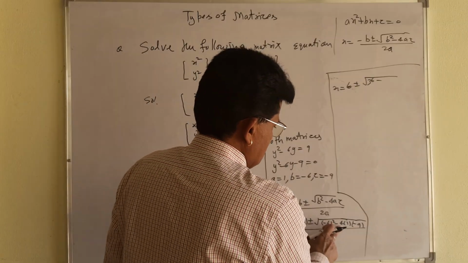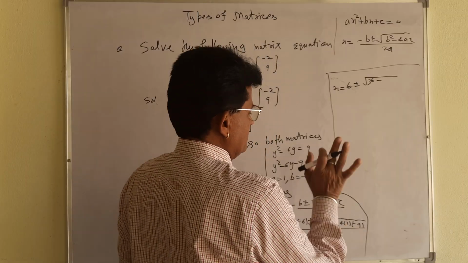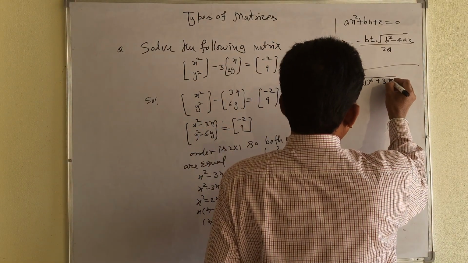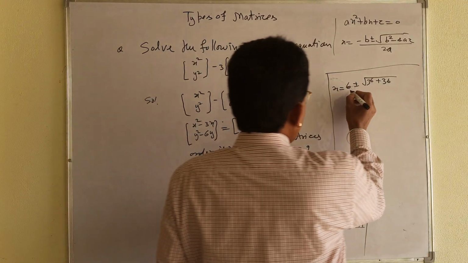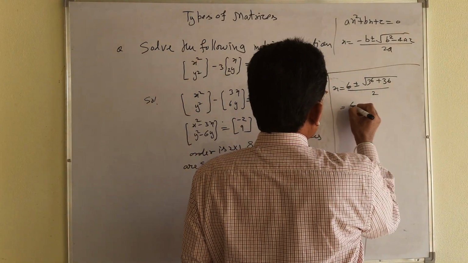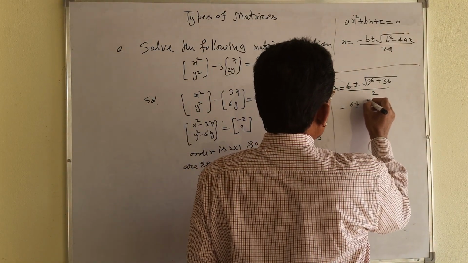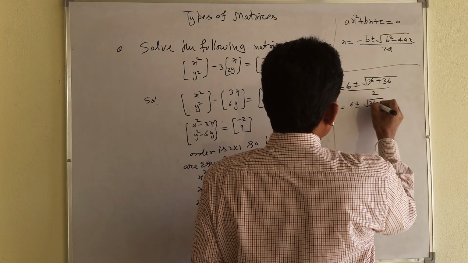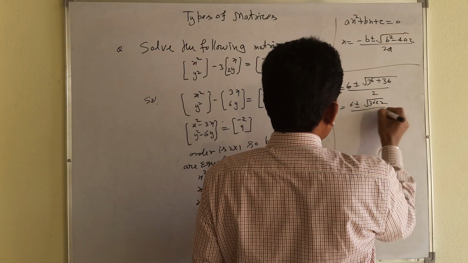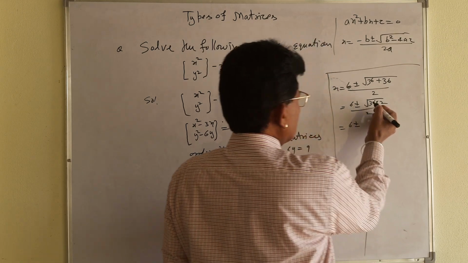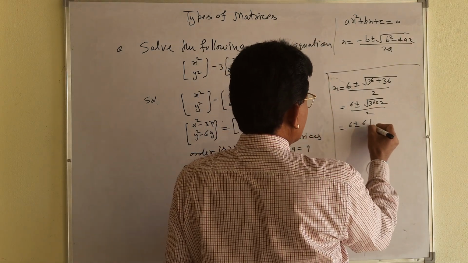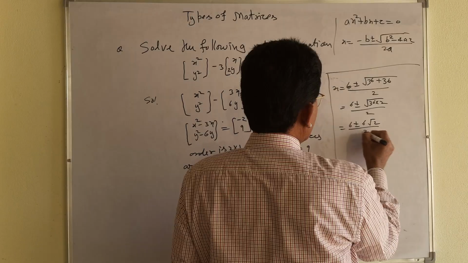Positive 36, negative into negative positive 36, because 4 into 9 is 36. Okay, and divided by how much? 2. It will be equal to 6 plus minus square root of 36 into 2 by 2. Okay, 6 plus minus square root of 36, that is 6 root 2, by 2.